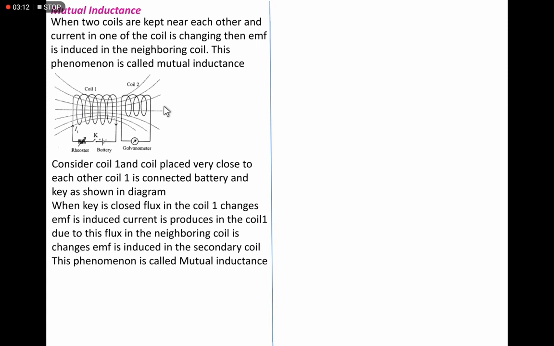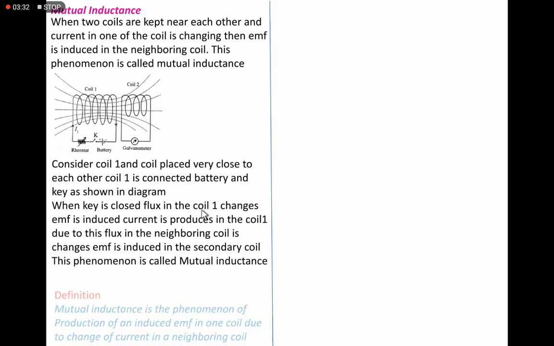The same thing is explained over here. Coil 1, coil 2, as I said, when the current is in coil 1, the flux changes. This flux is linked with coil 2 and EMF is induced in the secondary coil. This is the mutual inductance.